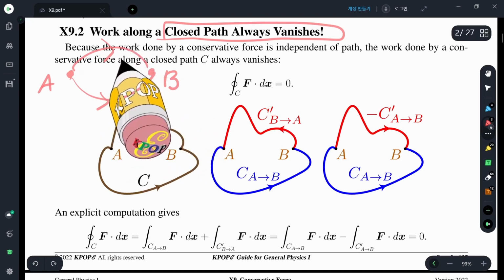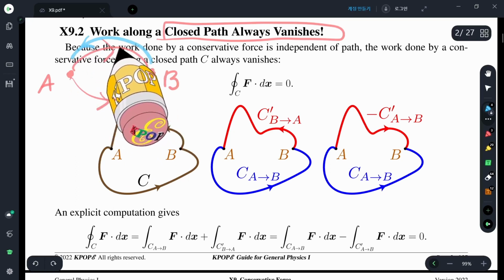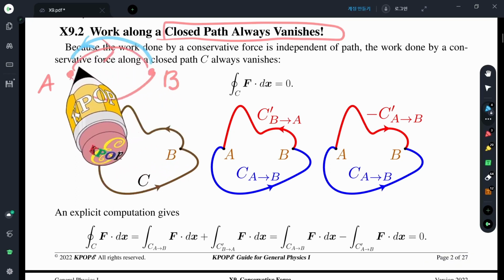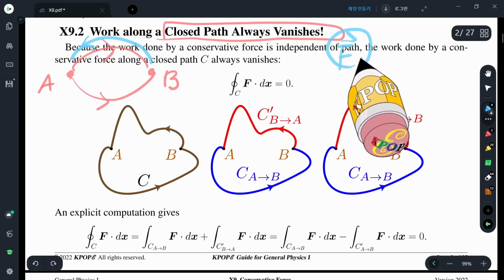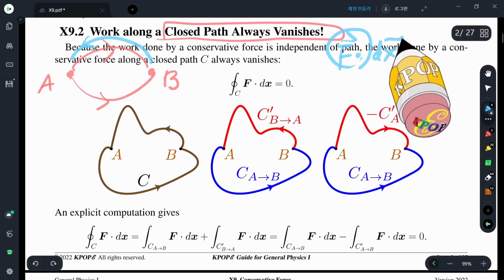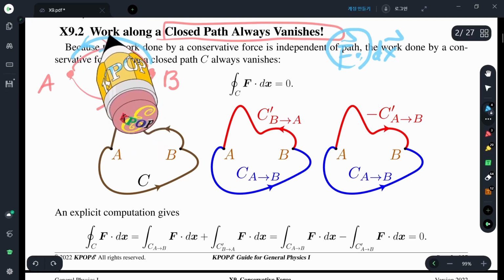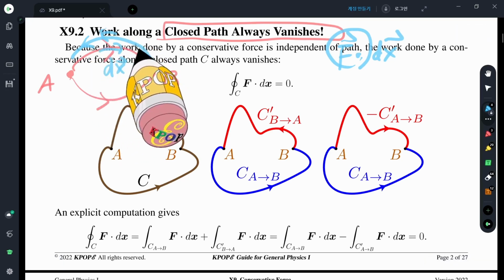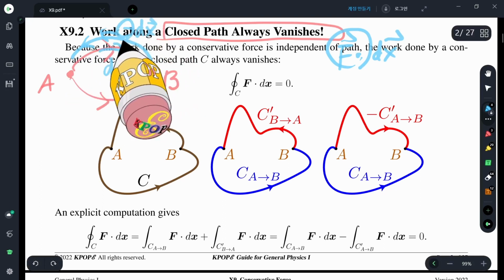And what happens if I flip the direction of one of the two paths? Then the integral is f, which is constant for any fixed position, but dx is opposite. Here dx, and at the same place, the path of the other one becomes minus dx. So we have a negative sign on it.